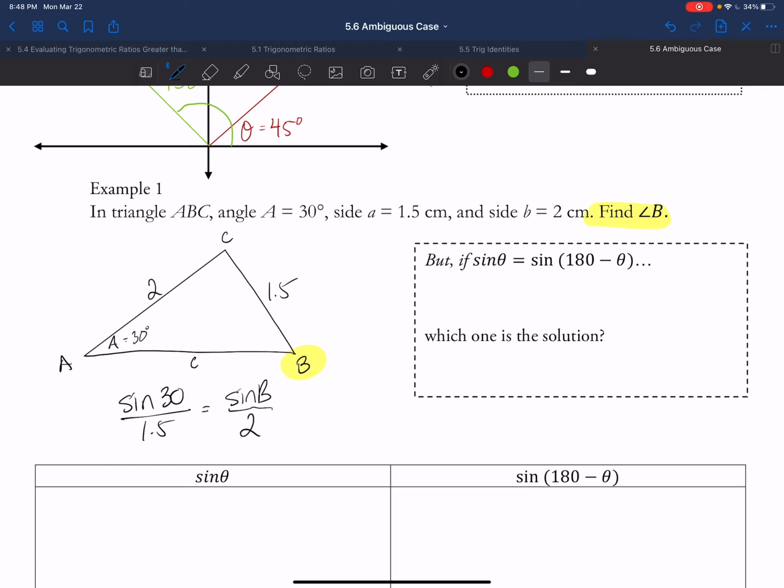So sine B is 0.6667. So B would be arc sine of that.